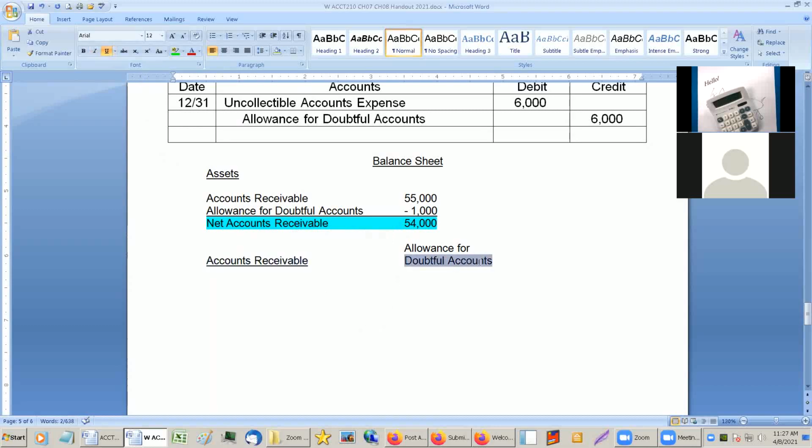Again, you do not have to do this. Okay, so we have 85,000 in our accounts receivable. And our doubtful accounts, at least initially, had $1,000 in it.